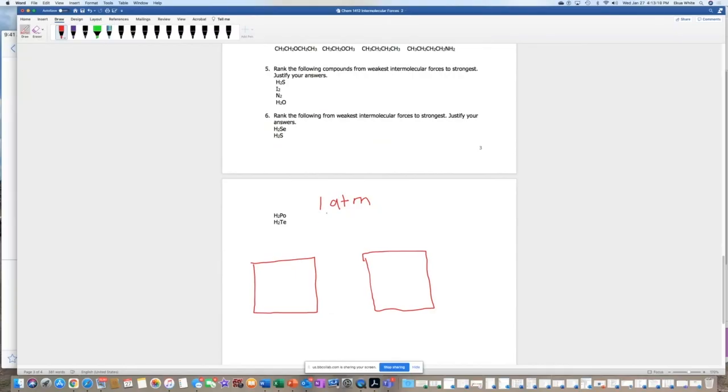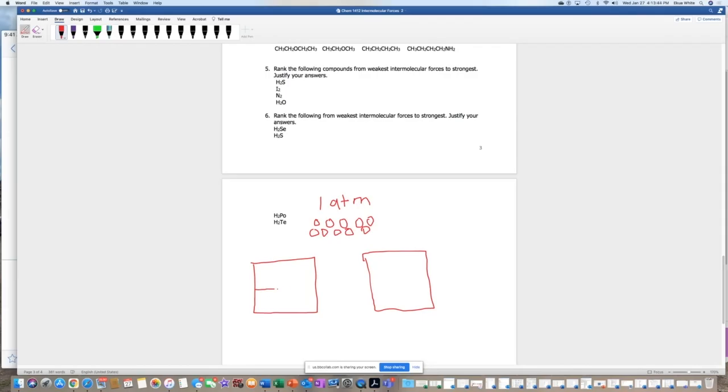So for us to experience 1 atmosphere of pressure, we have to have 10 molecules of gas surrounding us. So 1, 2, 3, 4, 5, 6, 7, 8, 9, 10. Okay, I got to 10. Now imagine these are the gas molecules in the atmosphere producing that 1 atmospheric pressure.